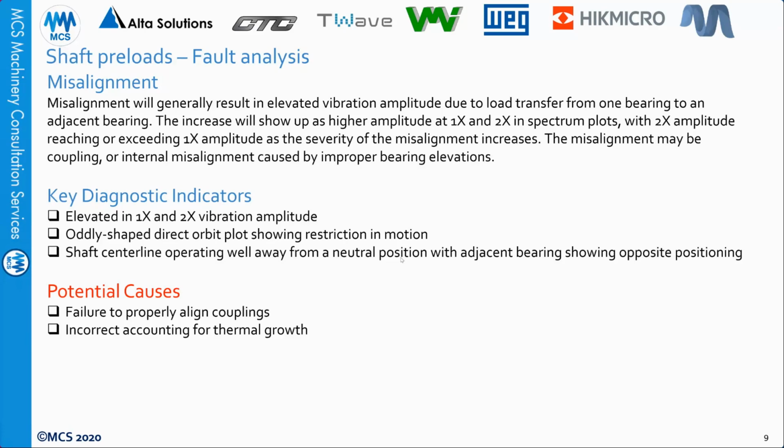The increase will show up as higher amplitude at 1x and 2x in the vibration spectrum, similar to any rotating equipment we analyze, like motors, pumps or gearboxes, with 2x amplitude reaching or exceeding the 1x amplitude as the severity of the misalignment increases. The misalignment may be coupling misalignment or internal misalignment caused by improper bearing elevations.